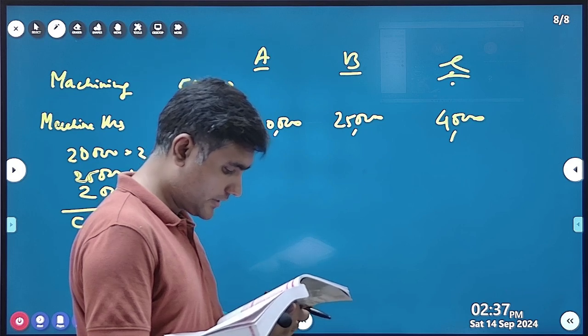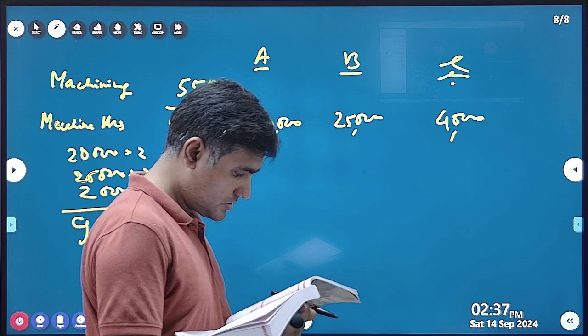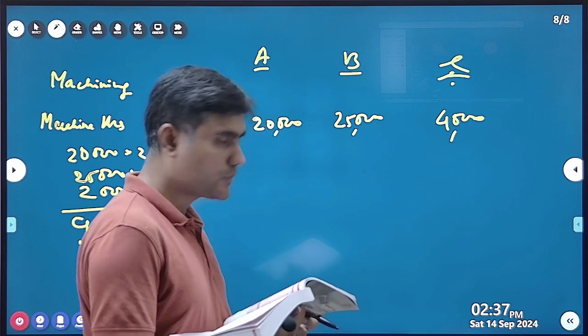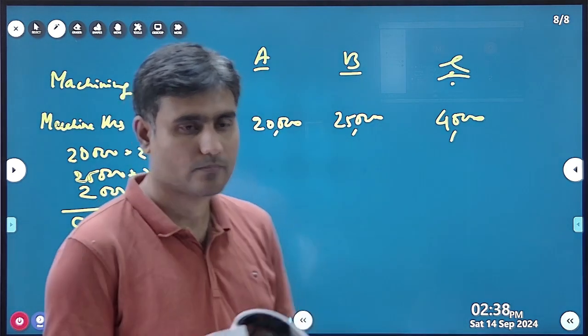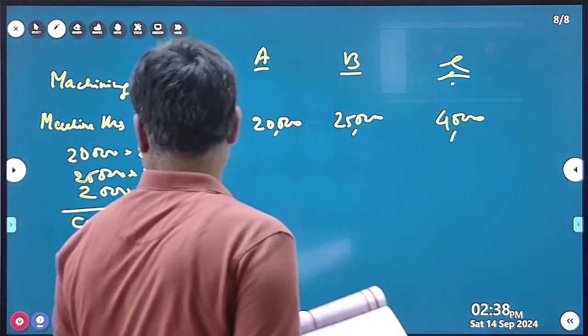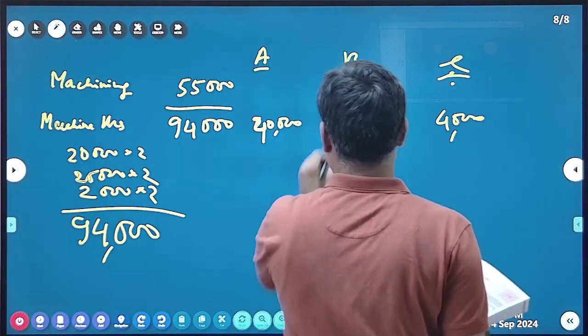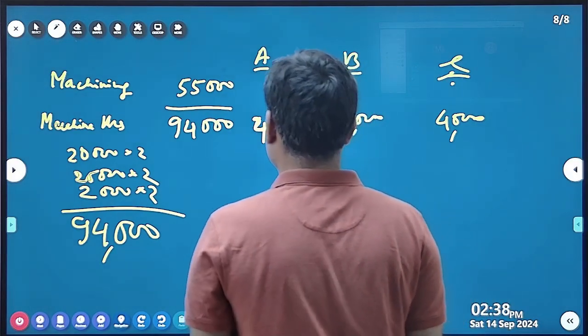55,000 divided by 94,000 into 20,000. Oh, sorry, it will be 40,000.